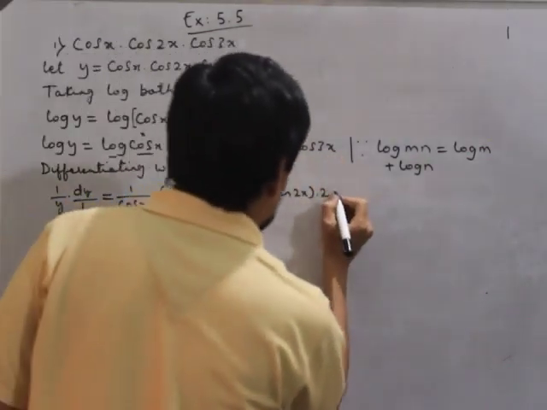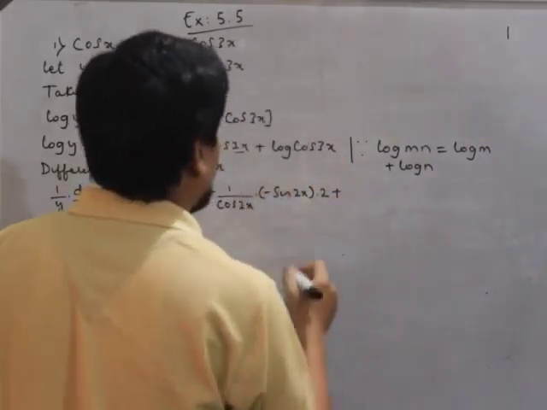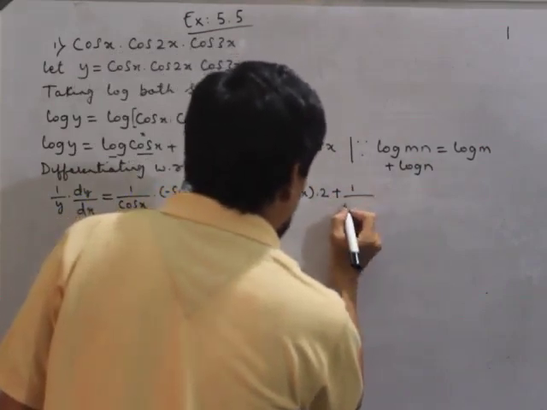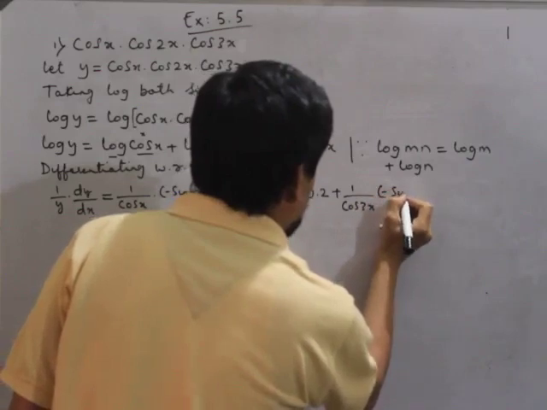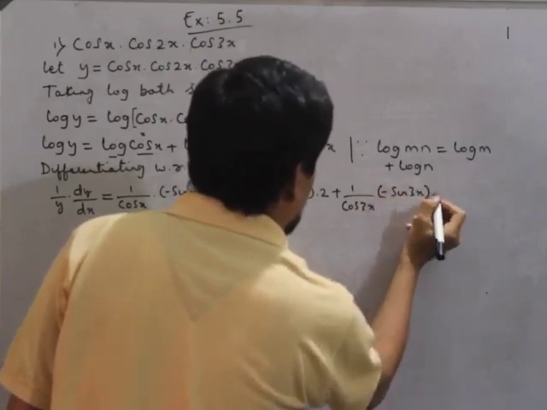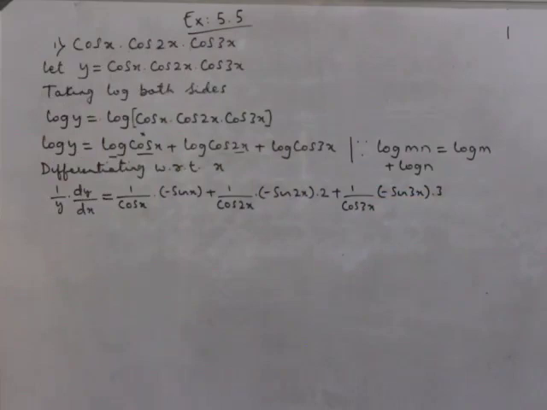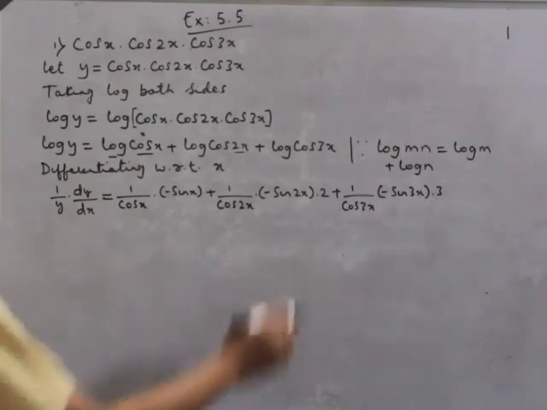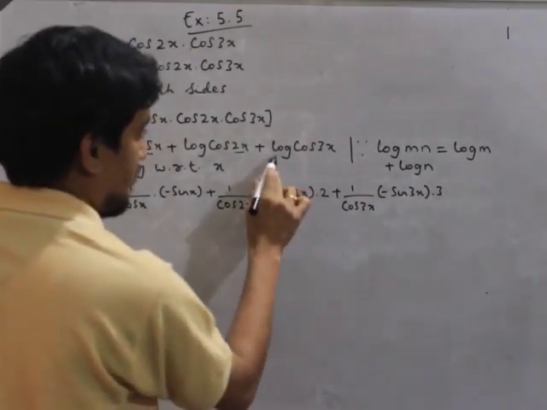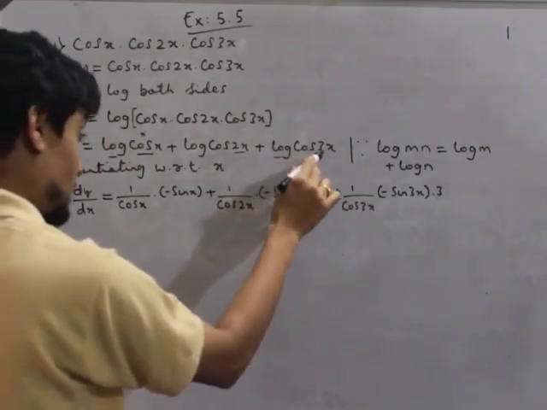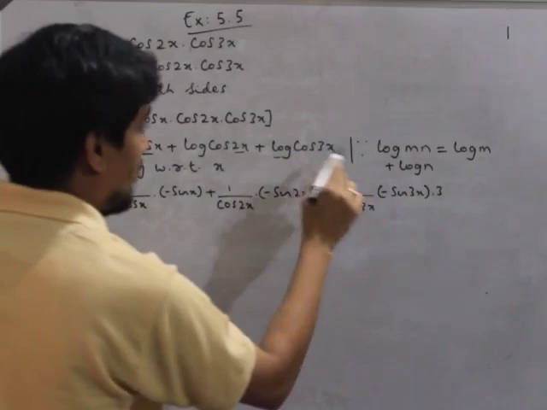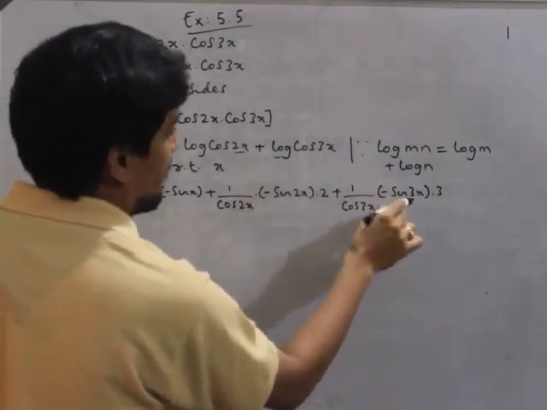Now let us move on to this function, plus log cos 3x. So 1 by cos 3x into minus sin 3x into 3. This is the result of log differentiation. Then differentiation of cos 3x is minus sin 3x into differentiation of 3x. Differentiation of 3x is 3.